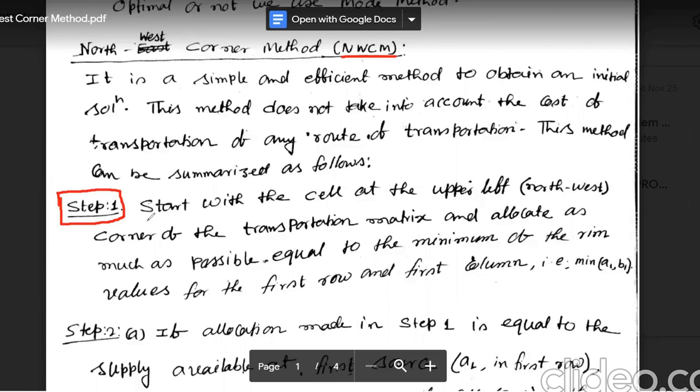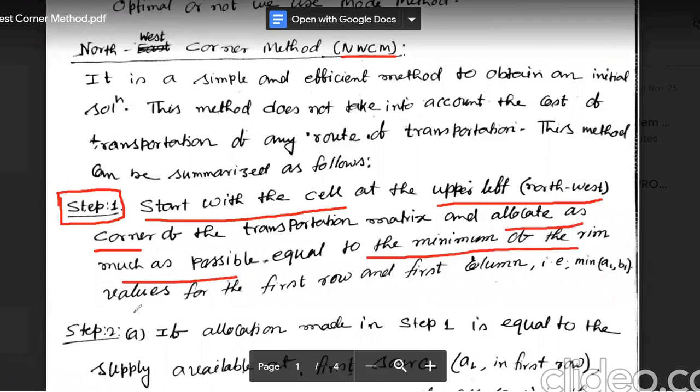Now, from where will I start? Start with the cell at the upper left, that means the northwest corner. You have to start from the first upper left cell and allocate as much as possible, equal to the minimum of the rim values for the first row and the first column.